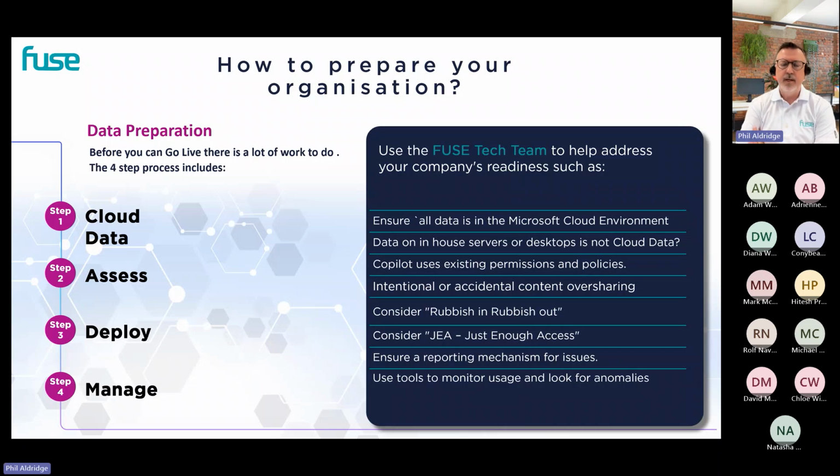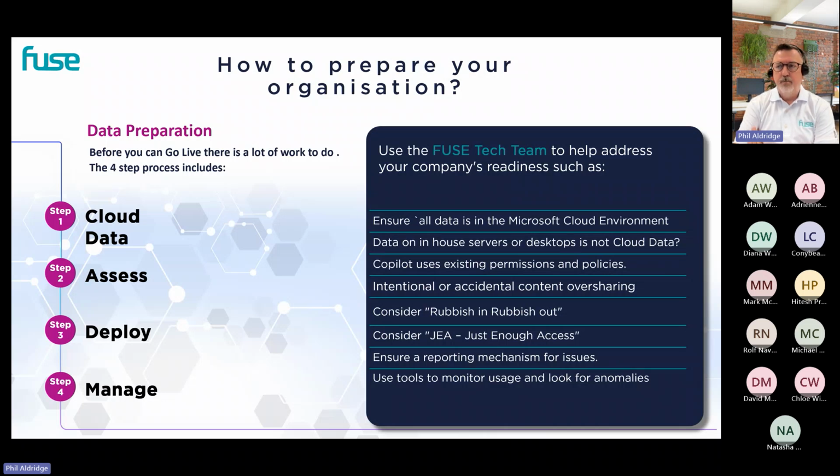So you've got to make sure that everything is where it needs to be so that you can run the AI platforms against the data. Now, if you've got on-premise servers and file servers in the office that aren't synced to cloud, that's also not going to be included in your results from your AI Copilot searches. So you've got to make sure that everything is cloud-based.